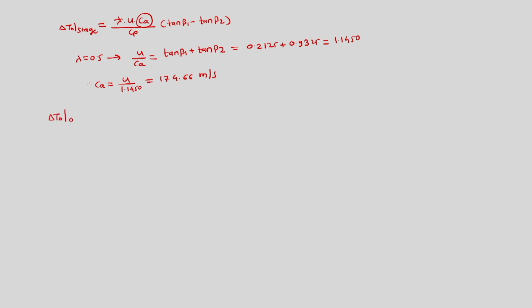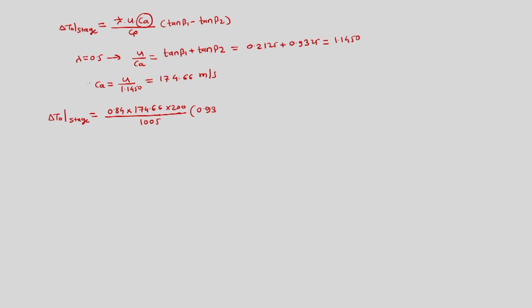So delta T naught stage can be found out now, and it is 0.84 into 174.66 into 200 divided by 1005 into tan beta 1 minus tan beta 2.